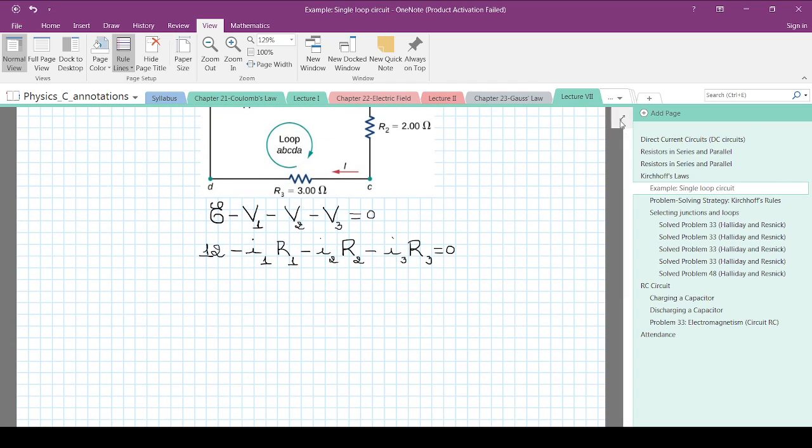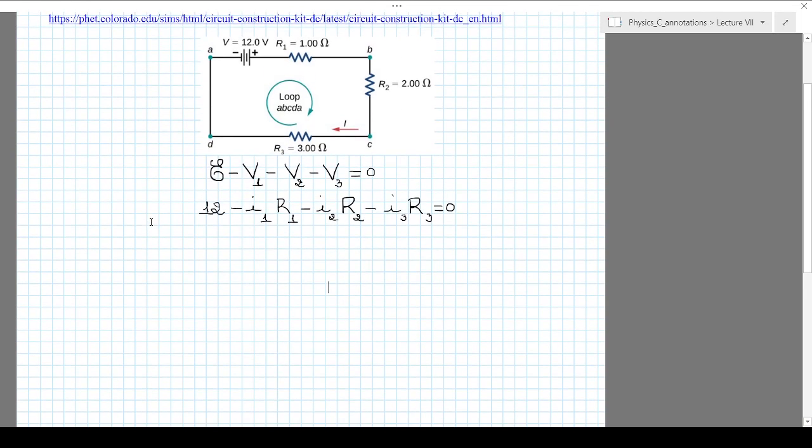Since this is a series circuit, the same current flows through every single component in this loop. So I don't need to keep the indexes, I can lose them because they're all the same current.